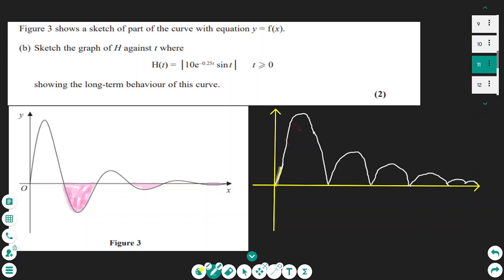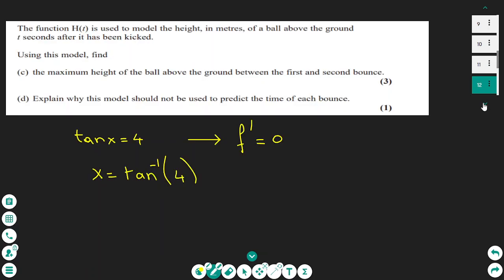You can see the heights are decreasing, and then they go towards zero height in the long term. The vertical axis is h, and the horizontal axis is t. And this is the sketch of the graph h.